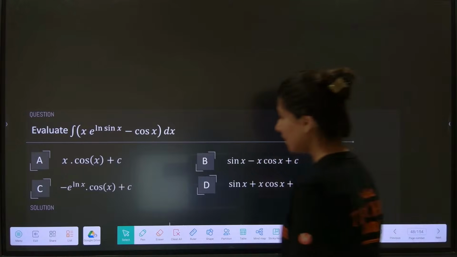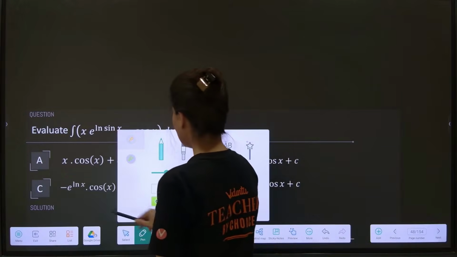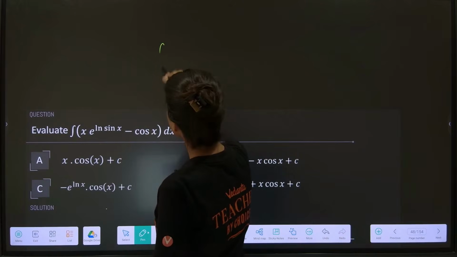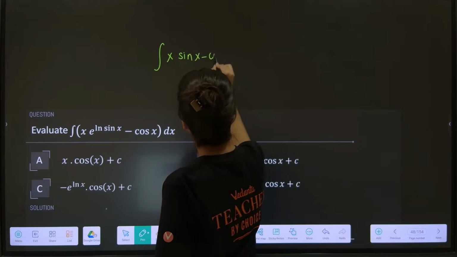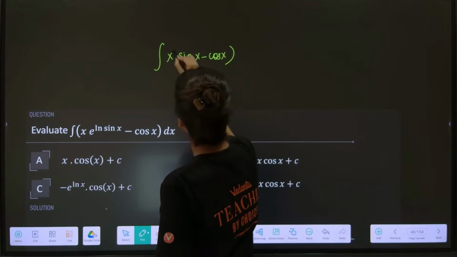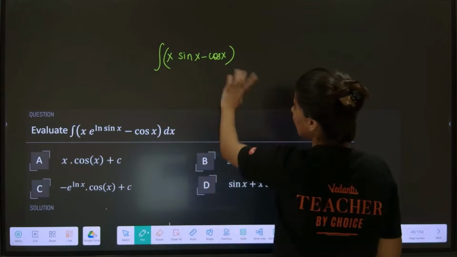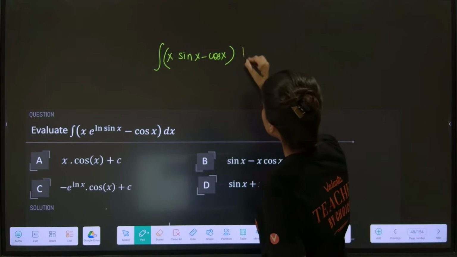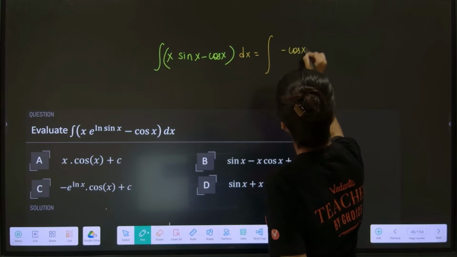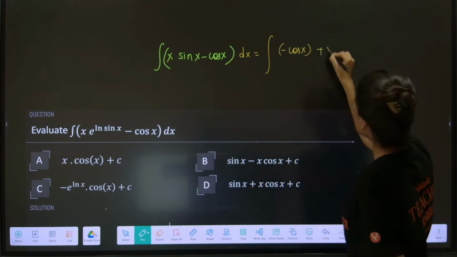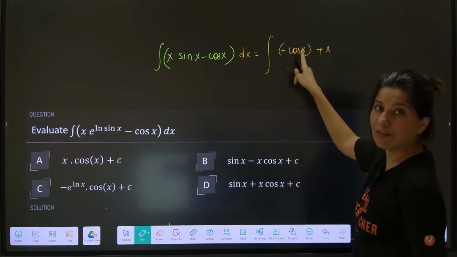First of all, e power ln x. We know this, right? This is actually, if you modify, this is x and this is sin x minus cos x. Not a very difficult question. Okay, can you see minus cos x is a function, plus x times the derivative of minus cos x.